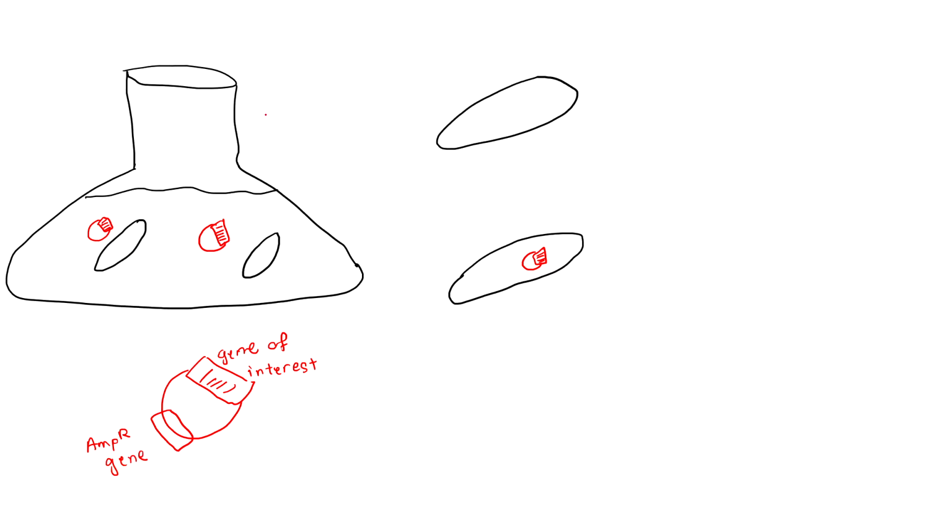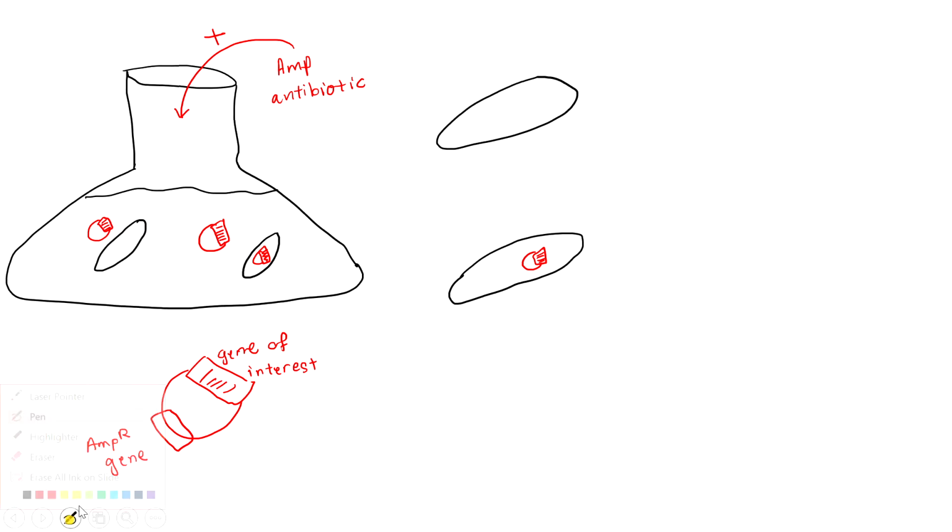And now, while you are transforming the bacteria, you make these solutions contain ampicillin antibiotic. So it will help you select which bacteria successfully contain the plasmid with your desired genes and which do not.